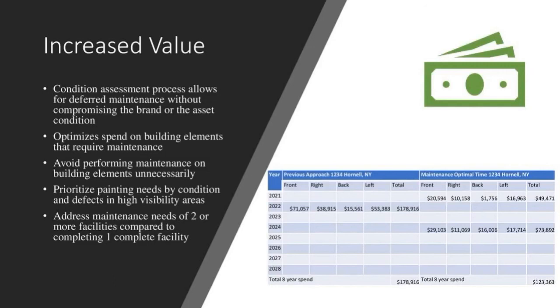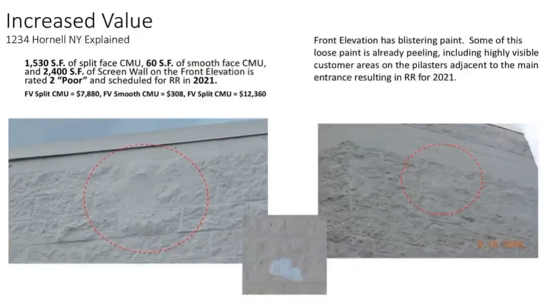If that maintenance is scheduled at the optimal time, the schedule would be 2021 and 2024, as we see on the right-hand side of that chart, which allows deferred maintenance areas to be taken care of in 2021, and then the remainder in 2024. So the total spent over 8 years is reduced by around $55,000 just by scheduling the maintenance at the optimal time.